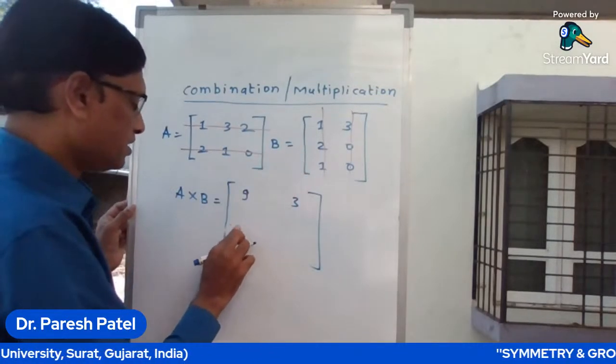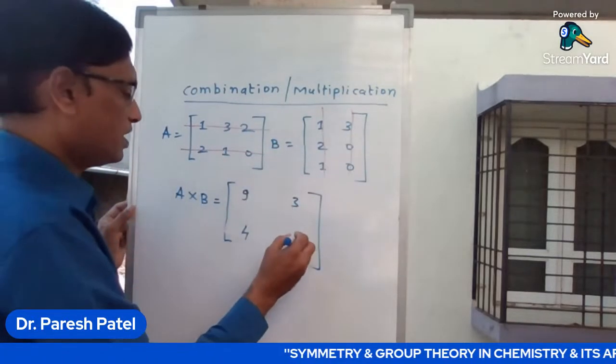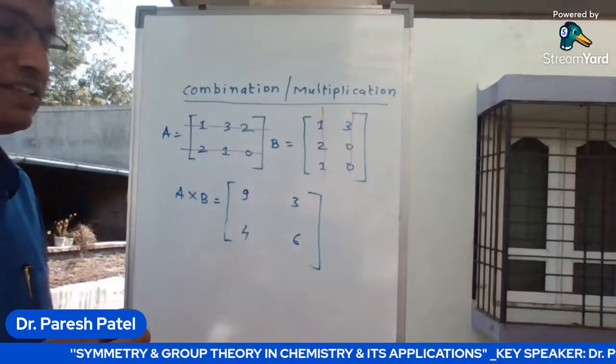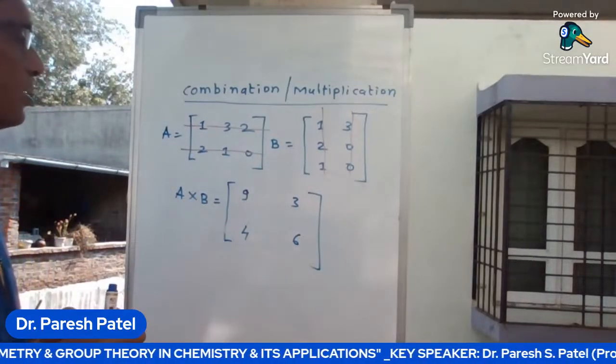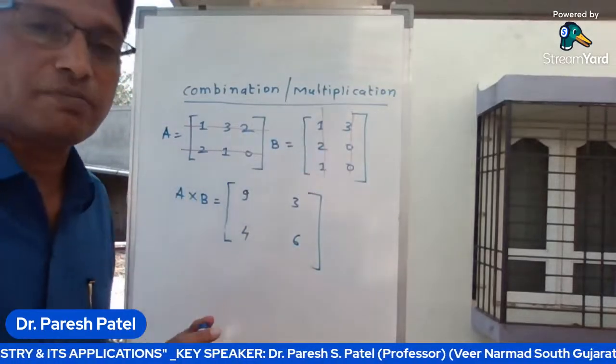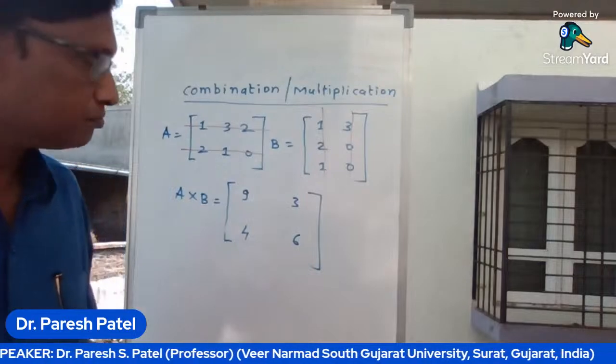It means the answer is 4. Then second row, second column: the answer is 6. So this is the combination of two matrices. The number of columns of the first matrix must equal the number of rows of the second matrix, and only then can the combination or multiplication be possible.